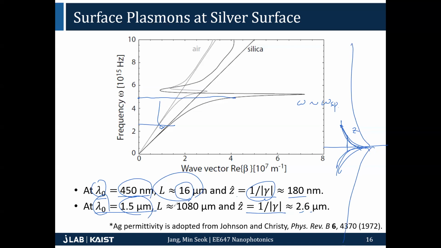And if you look at the propagation length, it's much longer than in this case, right? Even though you normalize things by lambda, this is still about 2 orders of magnitude larger. So here the loss is smaller, but confinement is also low. And in the upper case, high confinement, but high loss. It's always a trade-off.